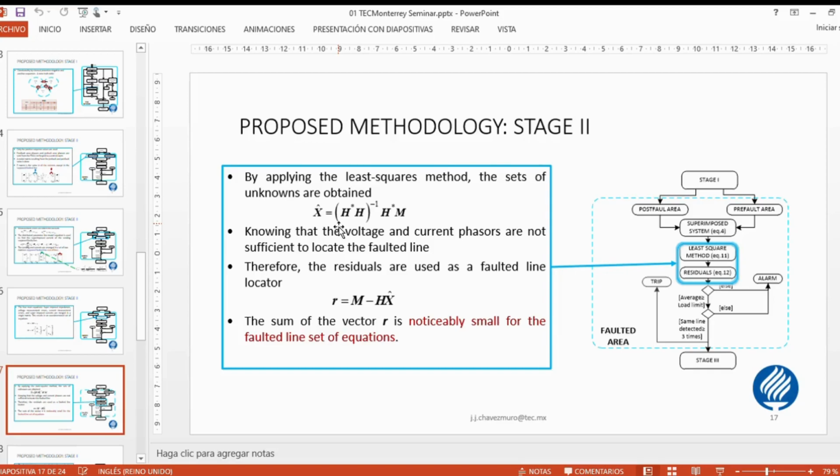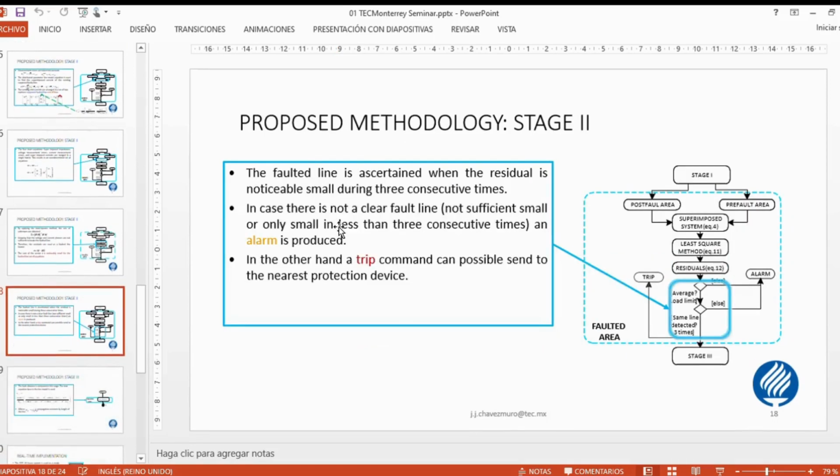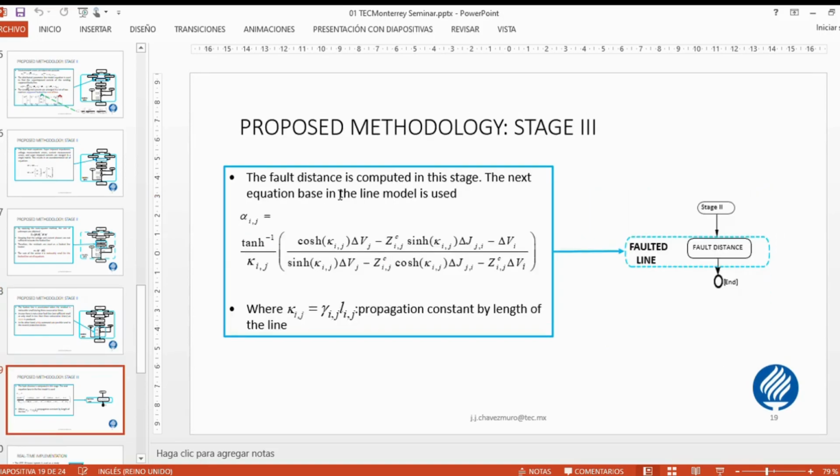We're going to see in the example what I'm talking about. If the faulted line lasts at least 3 times, then we have a fault. If not, we're going to send an alarm.